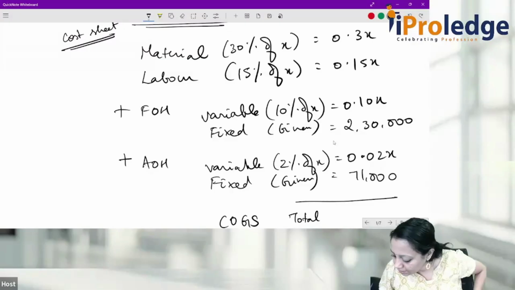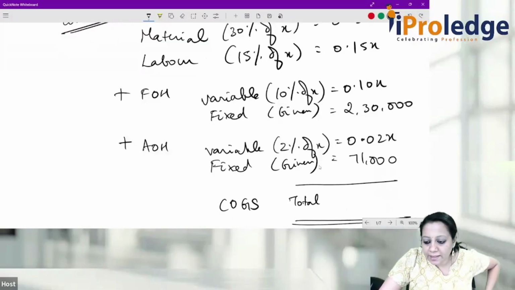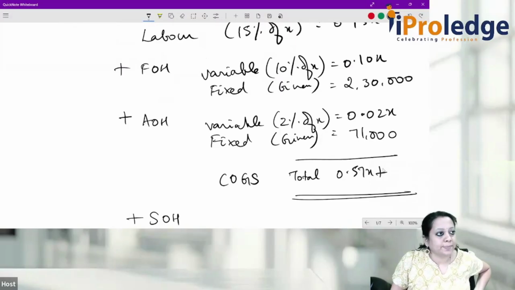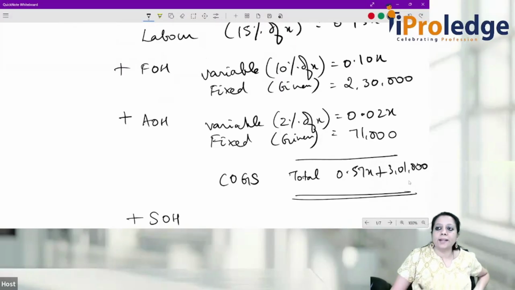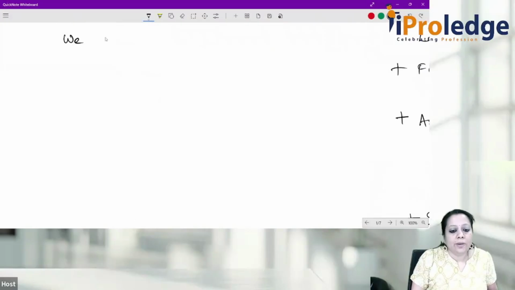That is 0.57X, plus the fixed costs of 3 lakh 1,000. Up to this, is it understandable to everyone? All right.